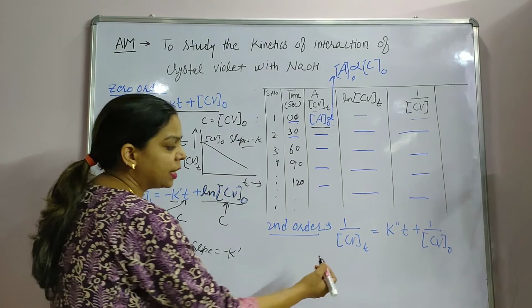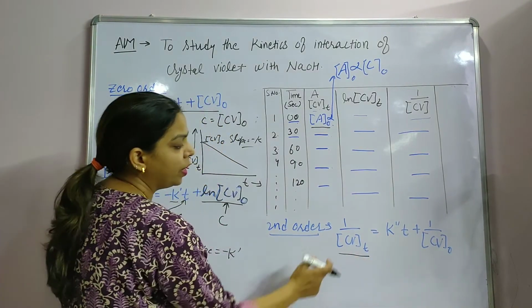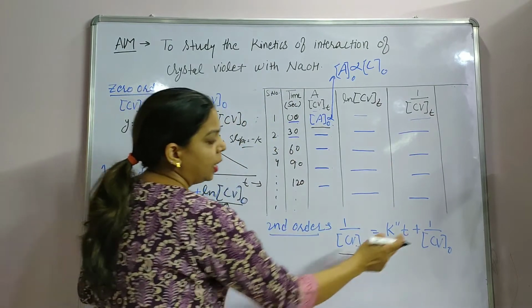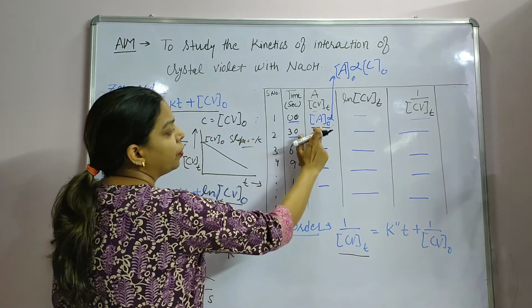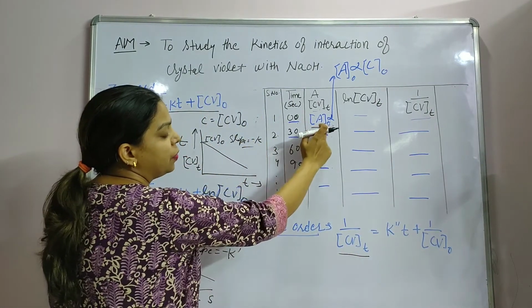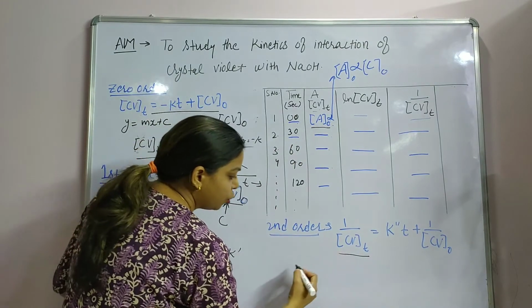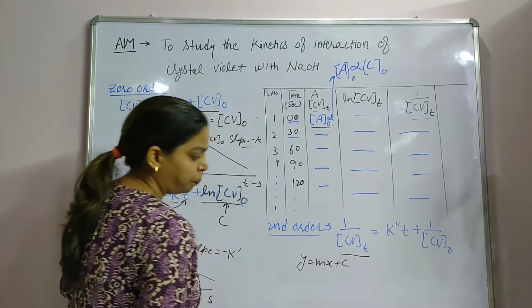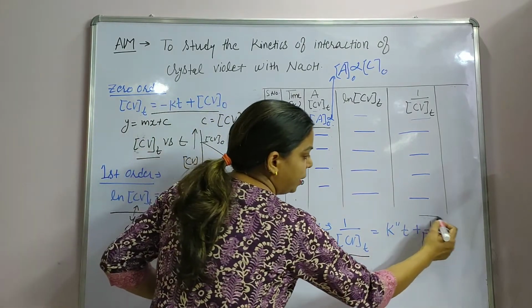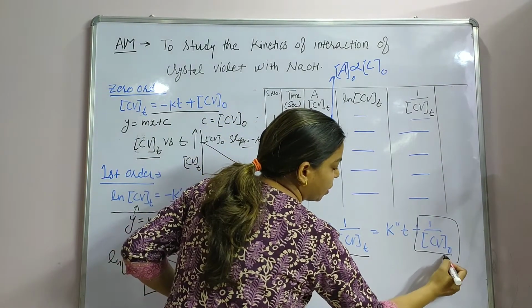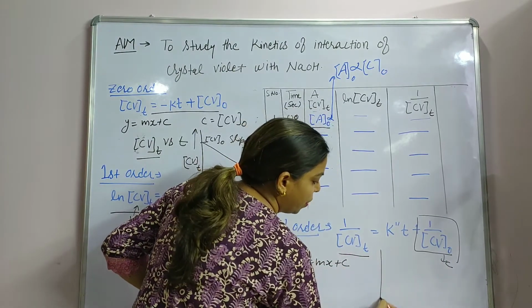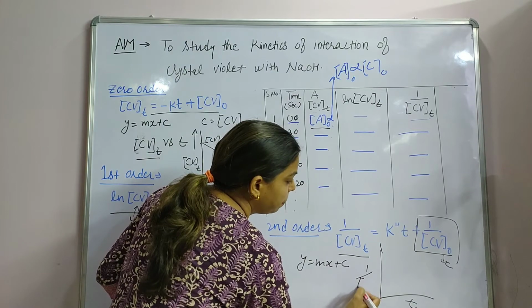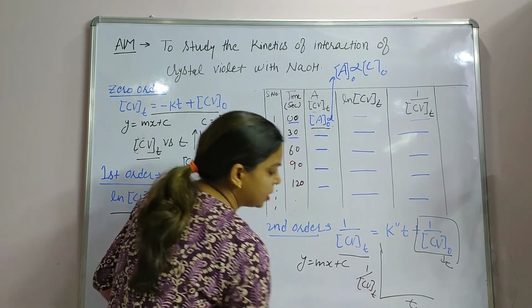For the 2nd order reaction, you have already calculated the 1 by CVT factor, and 1 by CV naught you can find out from here. Alright, so you again compare this equation, y is equal to mx plus c. So the intercept has to be equal to this, which is c. When you plot, t is here and 1 by CVT is this side.